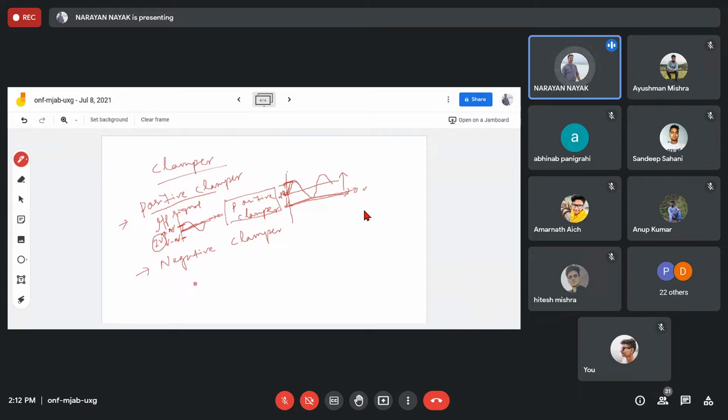Now similarly for the negative clamper, let us say we apply plus V and minus V, total voltage 2V. Now this is your negative clamper. The total signal will be pushed down.